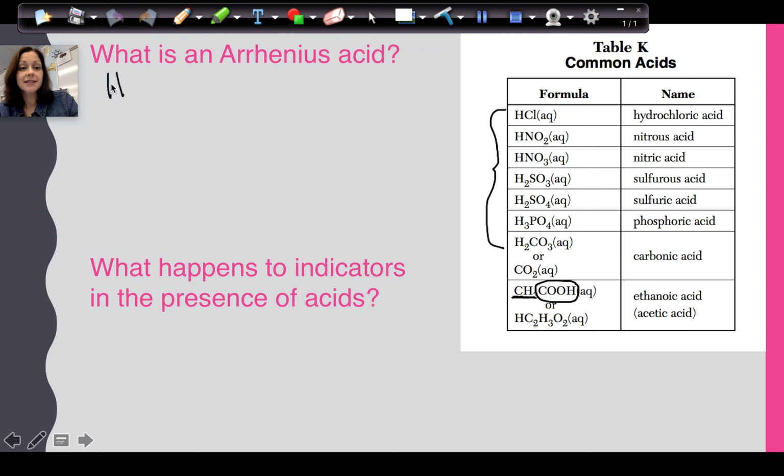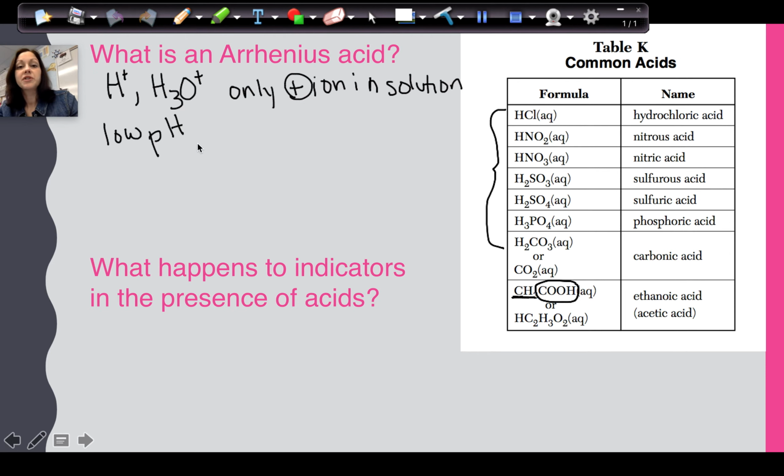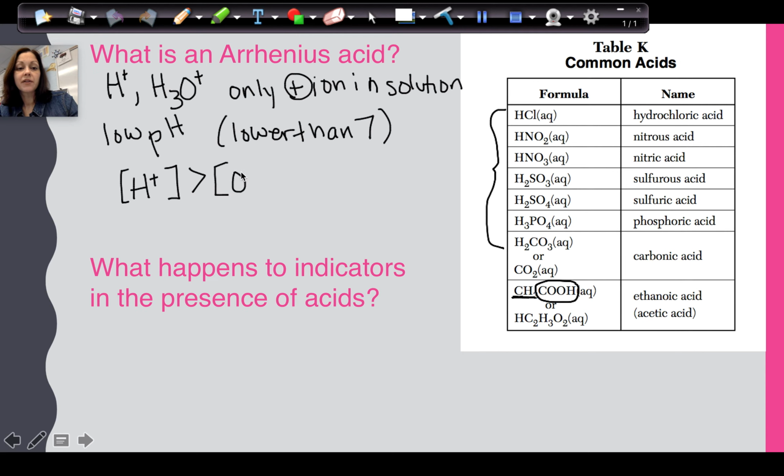An Arrhenius acid is something that has H+, also known as H3O+, as the only positively charged ion in solution. They tend to have a low pH on our pH scale, which is measured at 25 degrees Celsius. They're going to be lower pH than the neutral value of 7. And the concentration of H+, remember these brackets mean concentration, is greater than the concentration of OH-.